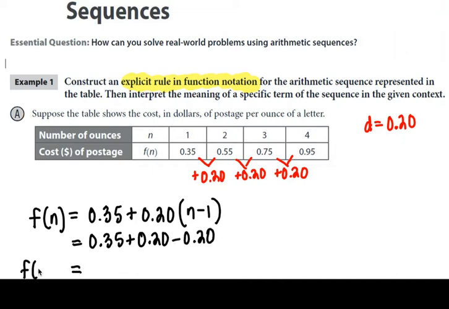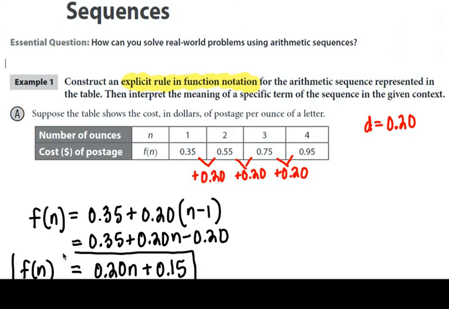So I get f of n equals 0.20n plus 0.15. So that's our explicit rule in function notation.